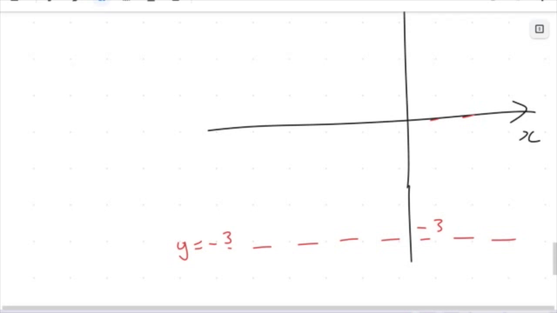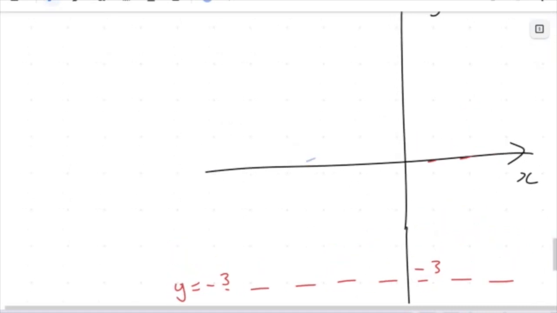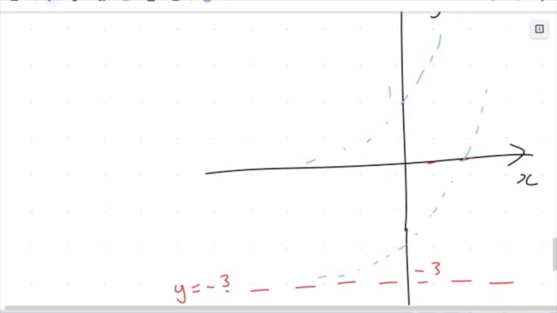Now before we had a y-intercept of 1, but now our graph has been shifted down. So going from this up here, it gets shifted down 3 units. So I get something looking like this, where my y-intercept goes from 1 down to -2, and everything gets shifted along 2 units to the left.